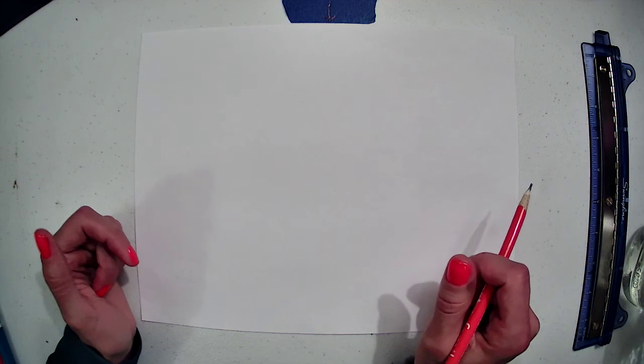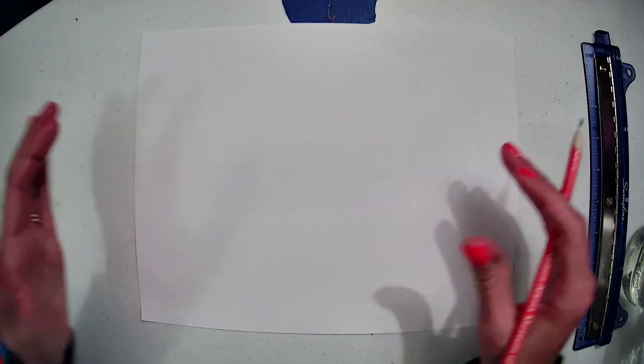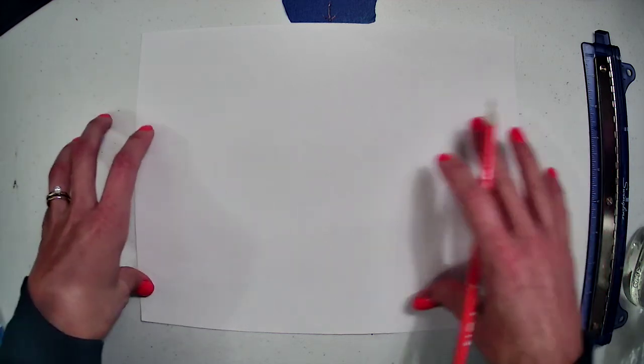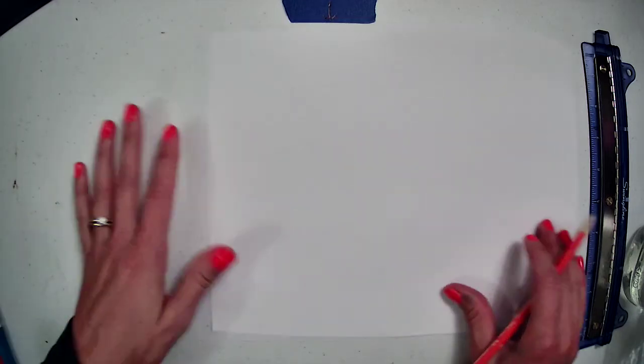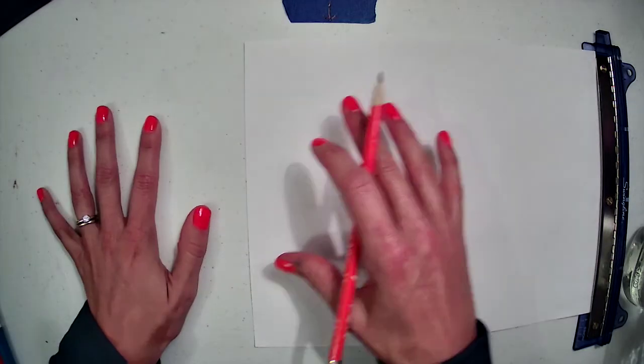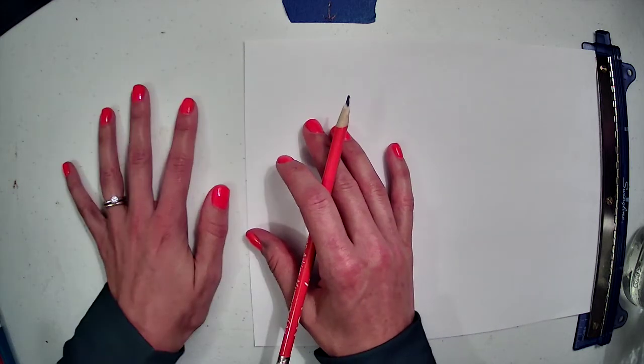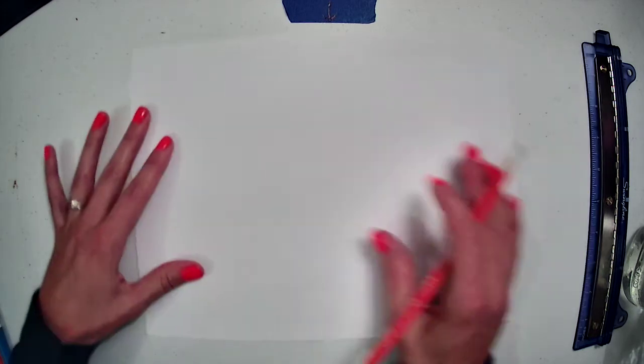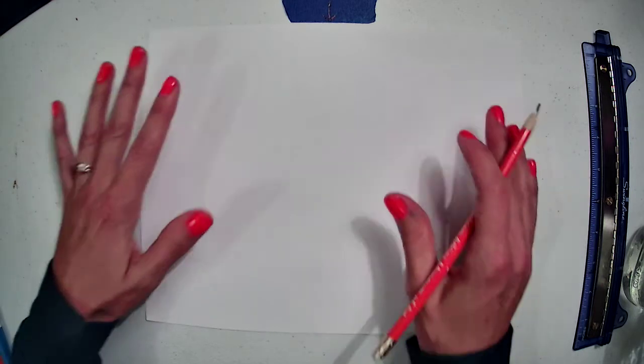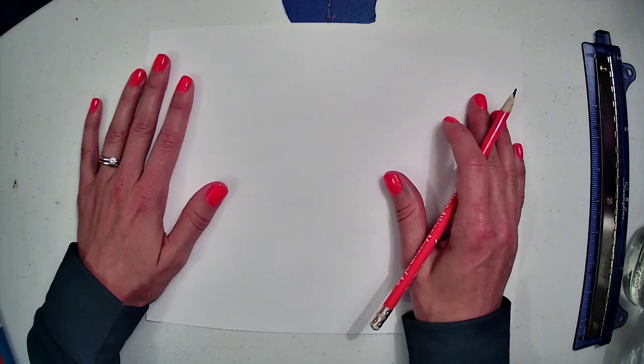So feel free to send me a photo with both papers in it side by side. That way I can see your first attempt lying next to the tutorial, okay? Or your tutorial is the first attempt lying next to your attempt that you did on your own. Anyway, be sure to send me both together.